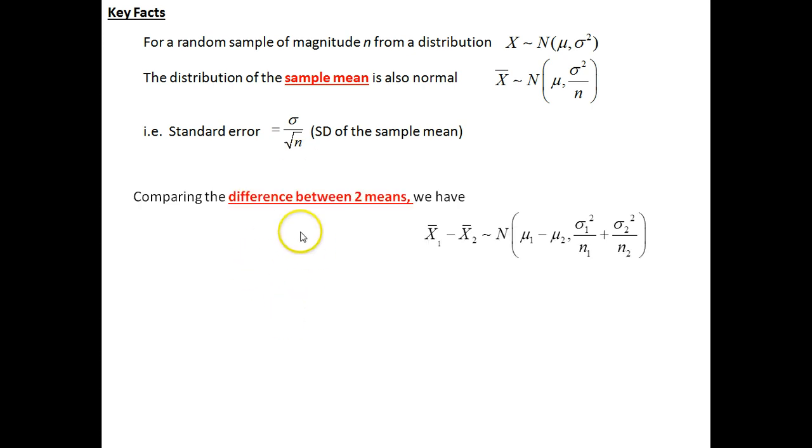If we are comparing the difference between two means, then x bar 1 minus x bar 2 would also be normally distributed, with the expected value being the difference of their means and the variance being the sum of the variances of the two separate distributions, divided by n because we're talking about sample means.